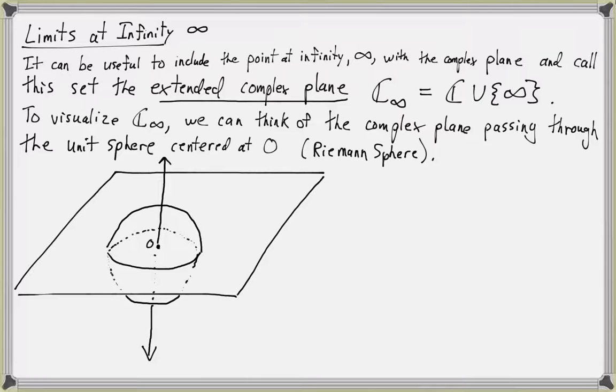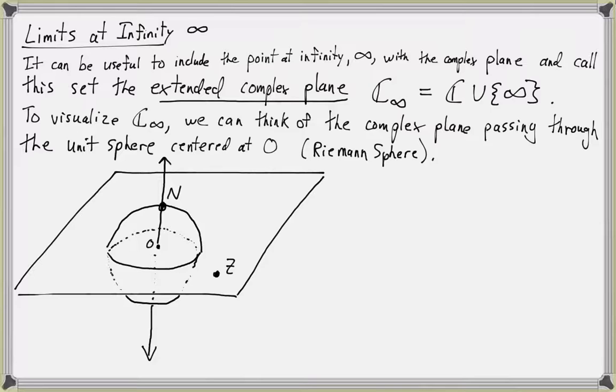So imagine here we have the complex plane with the unit sphere centered at the origin, and we have this north pole point, which would be the point directly above 0 on the sphere. We're going to take any point in the complex plane Z, and we're going to correspond this point with a point on this unit sphere, this Riemann sphere.